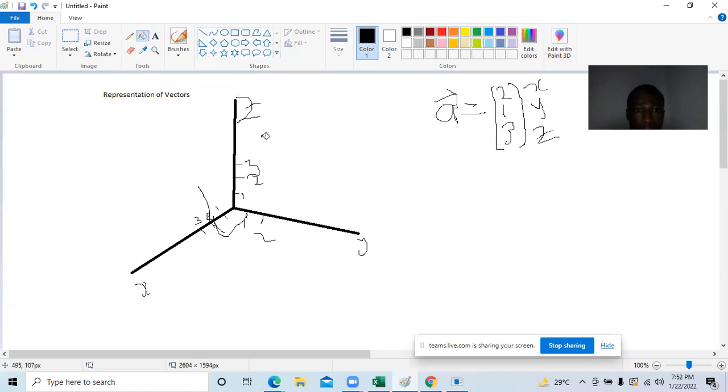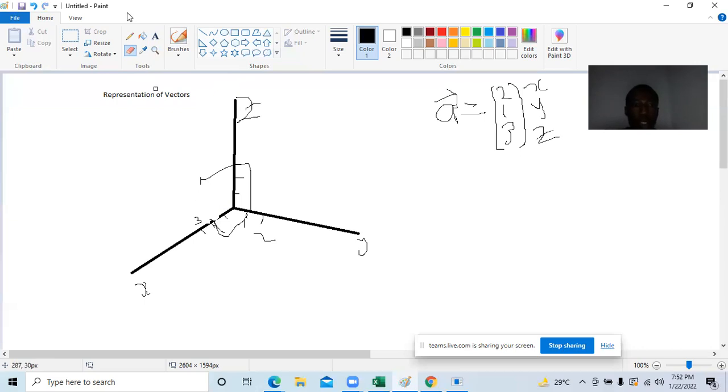Let me clean this up. So we have 3 here, and we have 1 here, and we have 1 here. So this is how you would be able to represent this. Oh God, this is very hard to draw on my laptop. Let me try again. Does anyone know where I'm going?